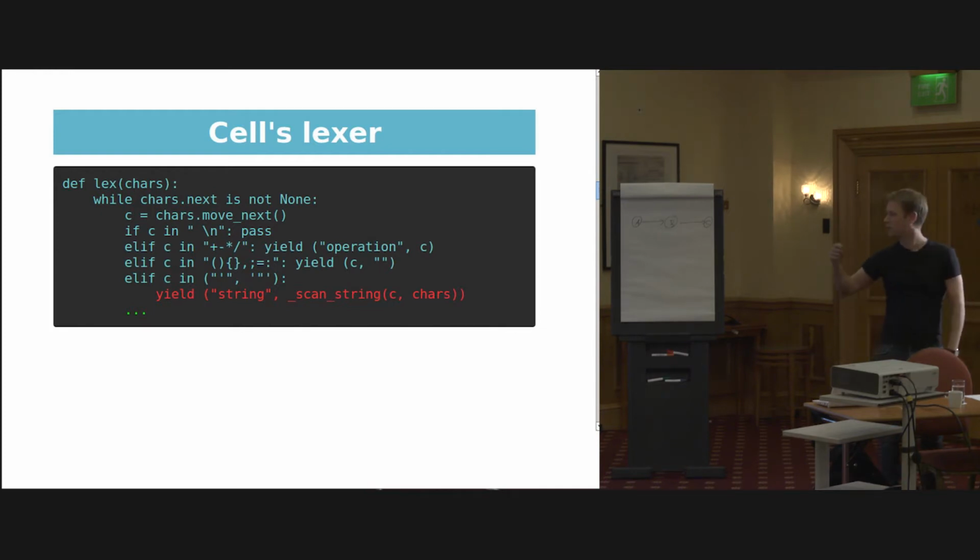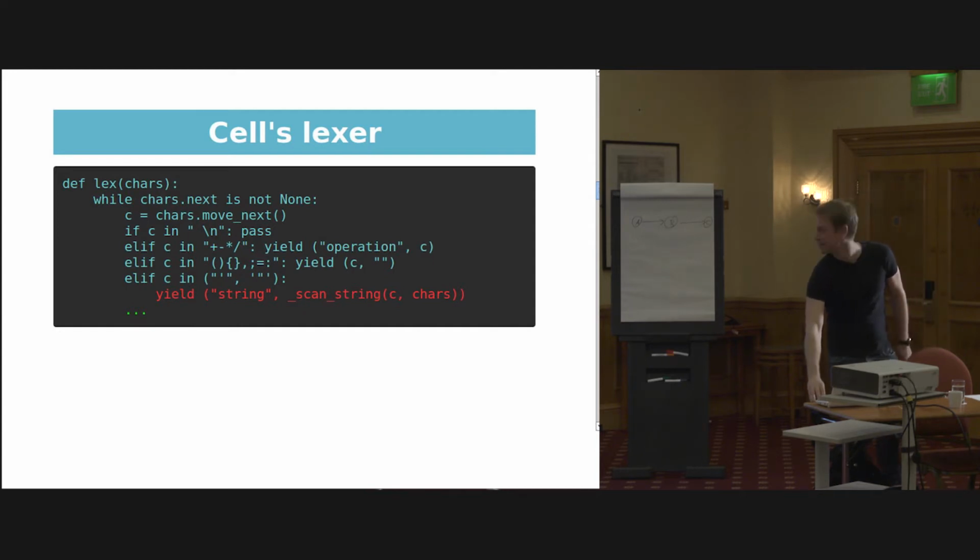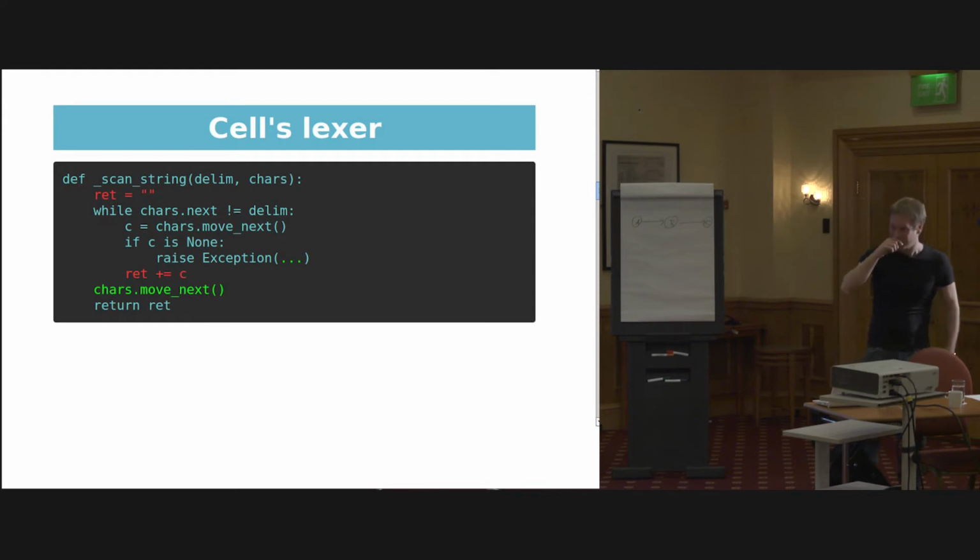What we're doing here is kind of hiding behind the fact that inside the scan string function, we're going to go through the rest of the characters of this thing. It makes the outer switch look nicer than it really is, because really we're passing this mutable chars object into the scan string function and mutating it, which I really don't like. But it would be so many more lines of code to do something else. Honestly, as far as I can see anyway.